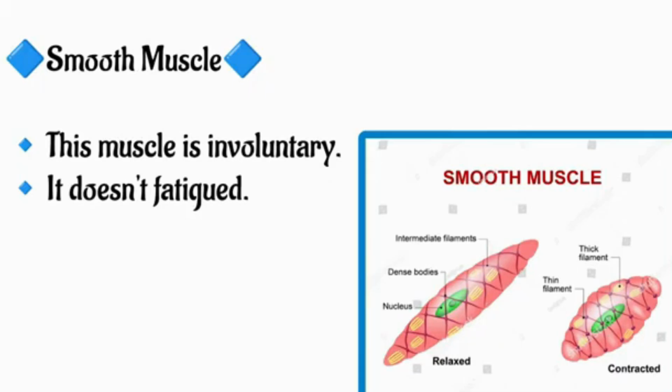Finally, to conclude, there are three types of muscle tissues: cardiac muscle tissue, skeletal muscle tissue, and smooth muscle tissue. Cardiac muscle is under involuntary control, and we can give the example of the heart. Skeletal muscle has voluntary control, and with it we can move our skeletal bones.